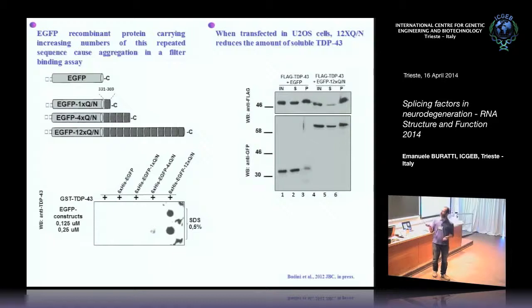And what is more important, when this 12 QN effector was transfected into cells, not only was there aggregation of this effector inside the cytoplasm of the cells, but also the endogenous Tdp-43, that would normally be soluble in a good proportion, in the presence of these 12 QN repeats was almost all trapped in these aggregates.